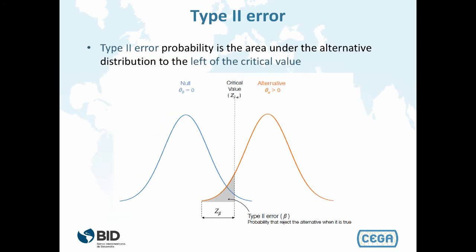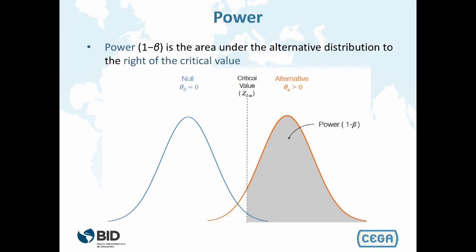The type 2 error probability is the area under the alternative distribution to the left of the critical value. Below, that would be the gray area to the left of the critical value dotted line under the orange distribution. 1 minus beta is the area under the alternative distribution to the right of the critical value. That's power. In this graph, the area under the orange curve to the right of the critical value.